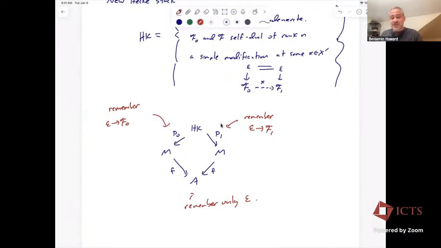So what you do is correct that by cupping. When you take a cohomology class on M, you pull it back by P0, and then cup it with some distinguished class on the Hecke stack, and then afterwards push it forward by P1.